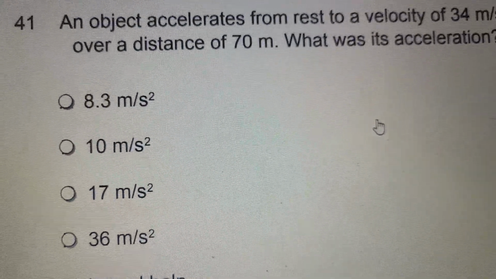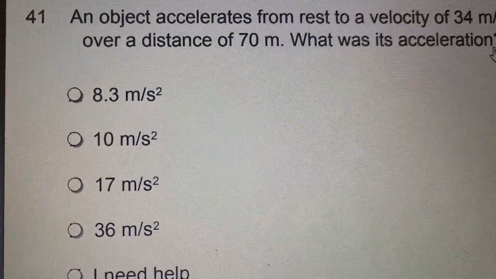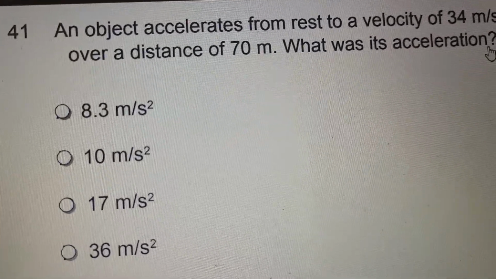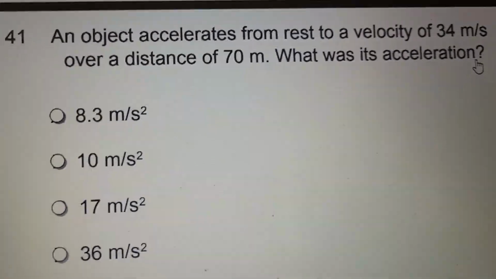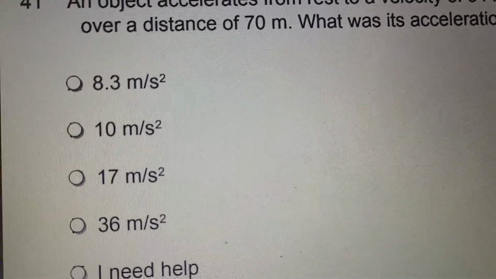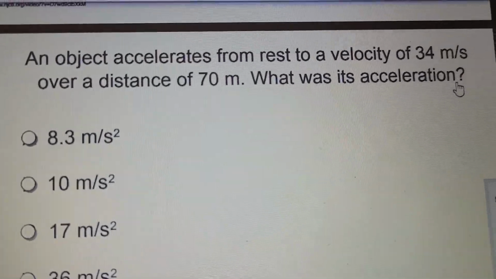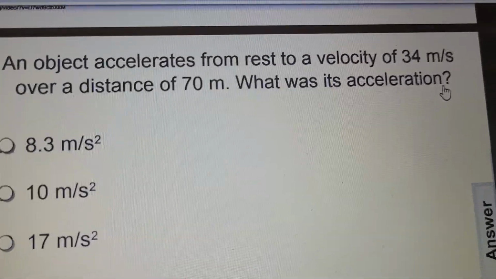Look at this one. What's the question asking you to find? Acceleration. Do all the equations have acceleration? Yes, so I can't cross anything out yet. Is time given to me in this problem? No. Am I looking for time?